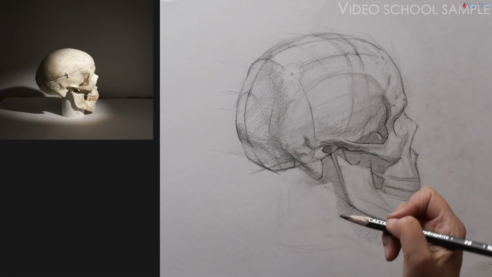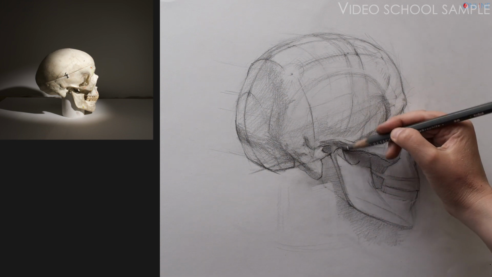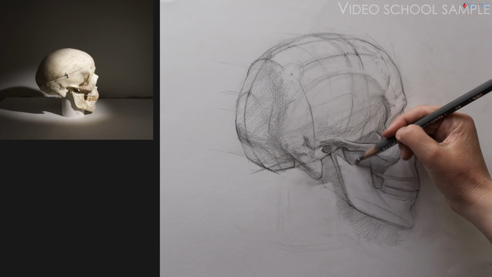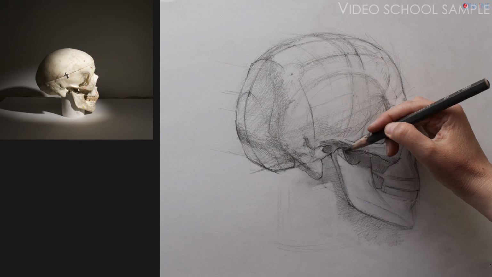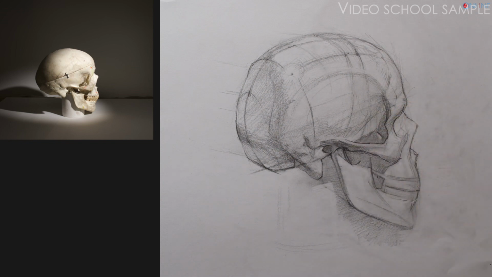Making the silhouette more obvious at the cheekbone. Why? Because this bone is very close to us in perspective. The hole inside will be even darker.